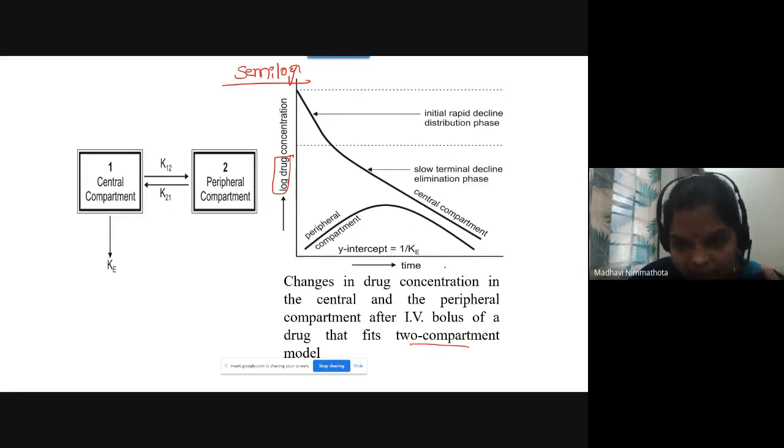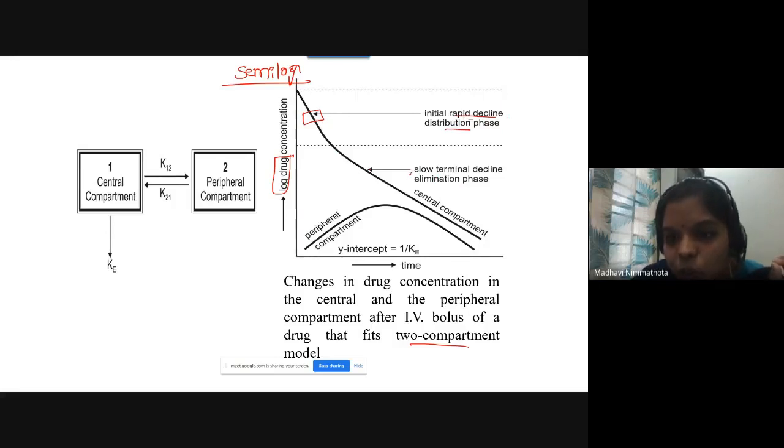See, this bottom curve indicates the peripheral compartment and this top curve is the central compartment. When you take an IV bolus drug, initially a rapid decline of the distribution phase is observed at this point. After distribution, it goes to elimination, right?